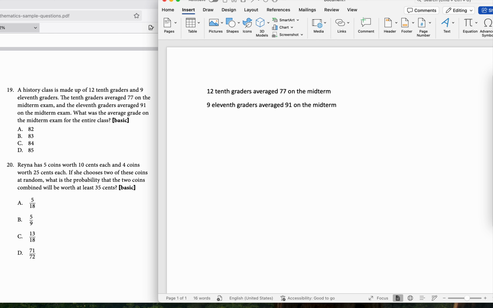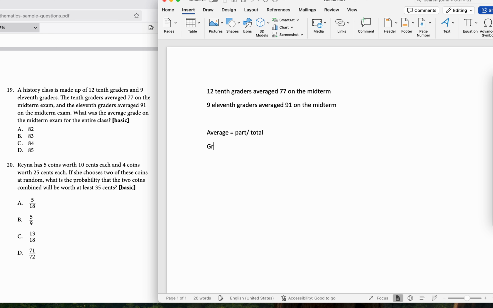Now, we want to look at the word average. An average is going to be some part over some total. So in this problem, we're looking at grades.